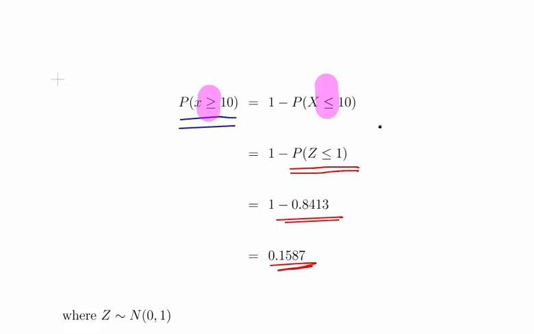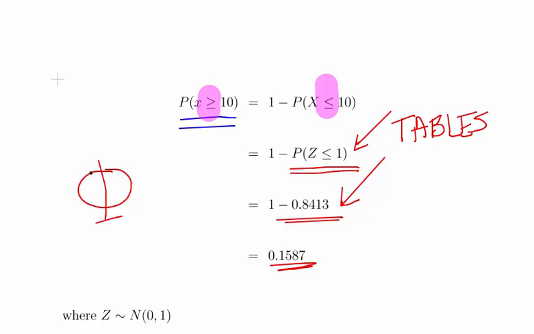If you're wondering how I got that particular value, that was from statistical tables. I use multiple different approaches in my videos for calculating these values. Here I'm using one particular approach, the cumulative distribution function, phi of 1, the cumulative distribution function for the z normal distribution.